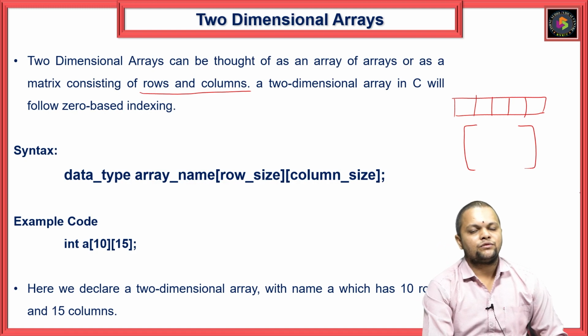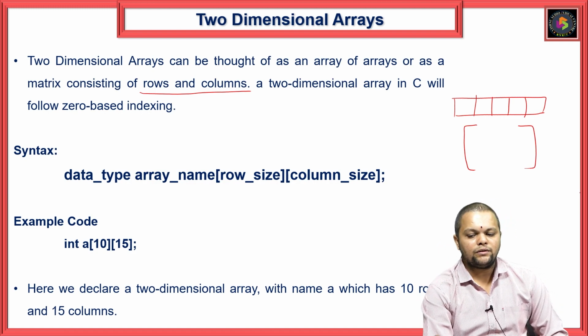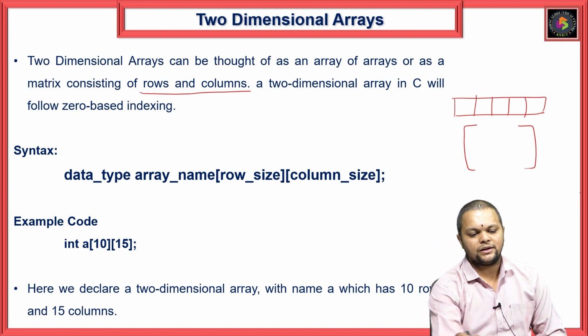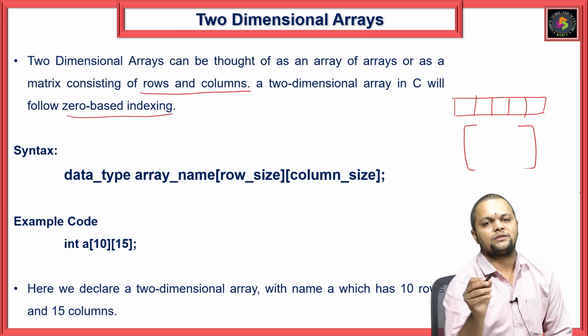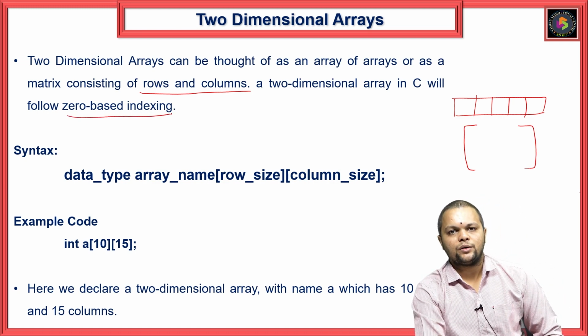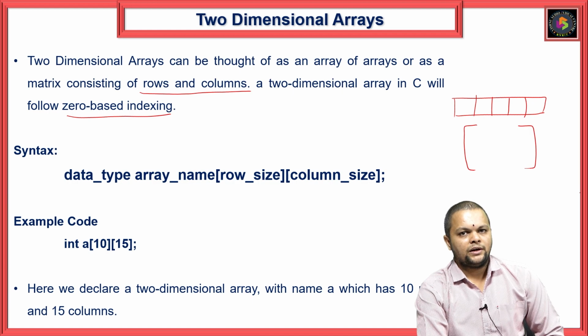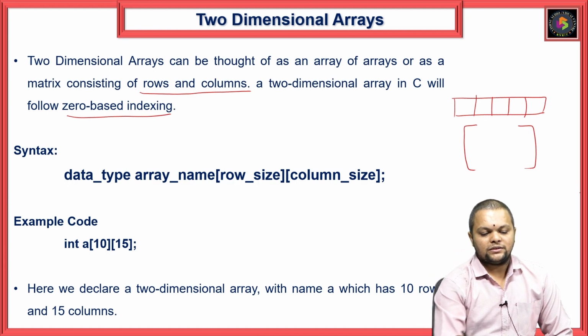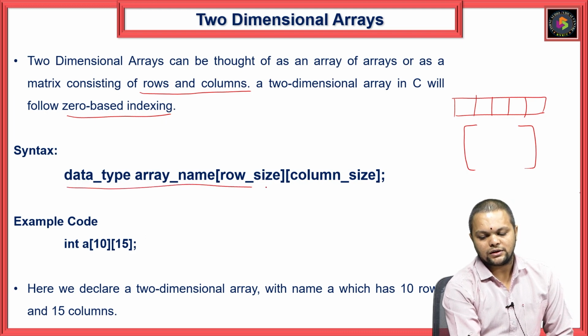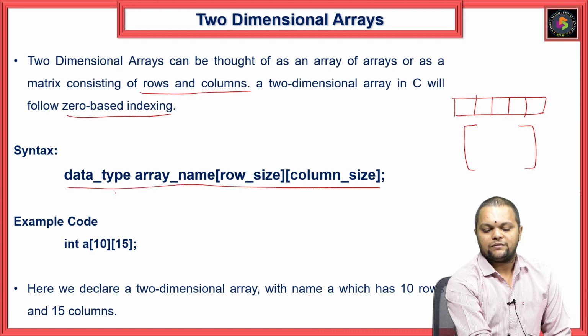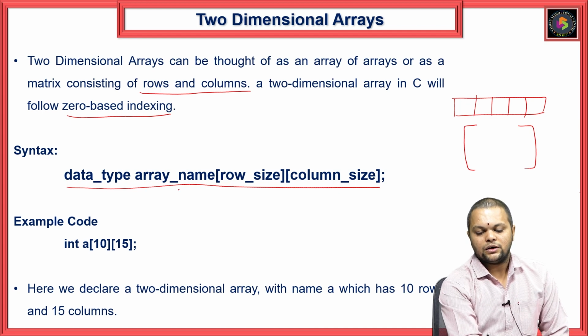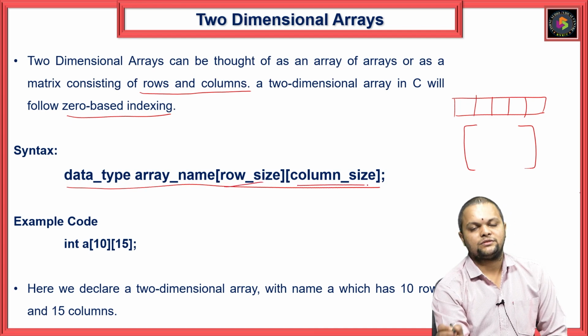In the same way as in a one-dimensional array, we follow zero-based indexing in a two-dimensional array. An array in C programming will start its index with 0. Now, this is the syntax of a two-dimensional array: data type, array name, row size and column size.